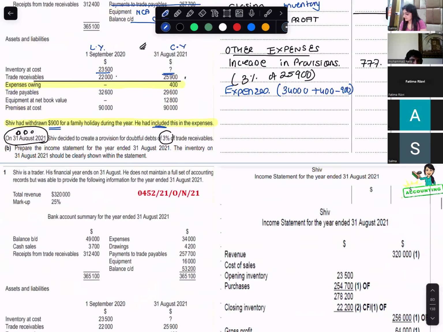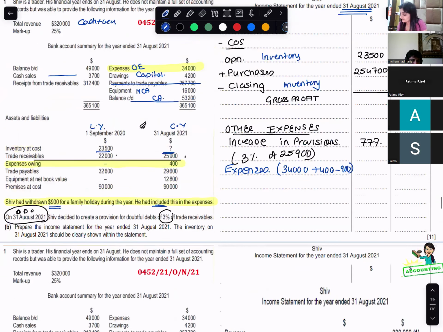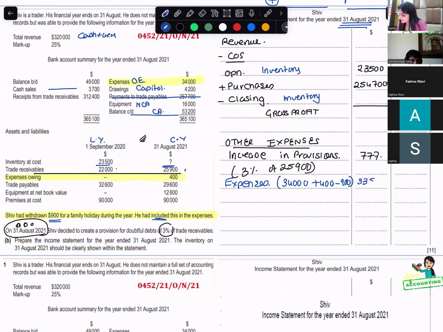Are you with me? So the amount is coming up to 33,500. Expense gone. PDD gone. Trade payables gone.